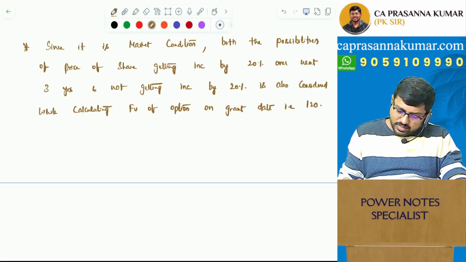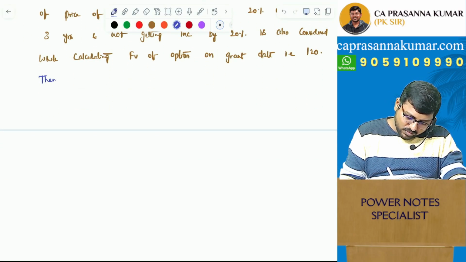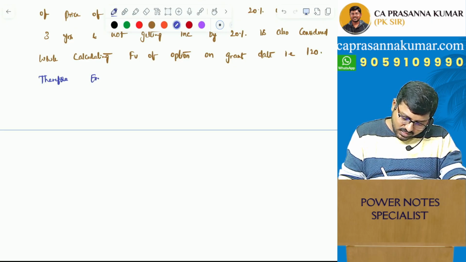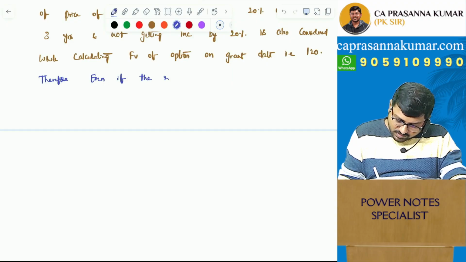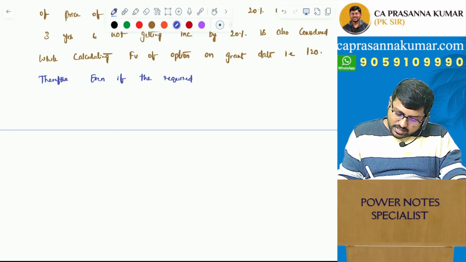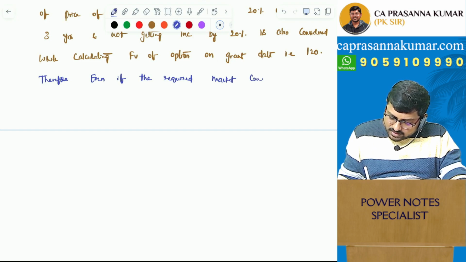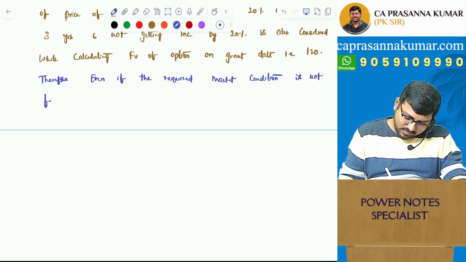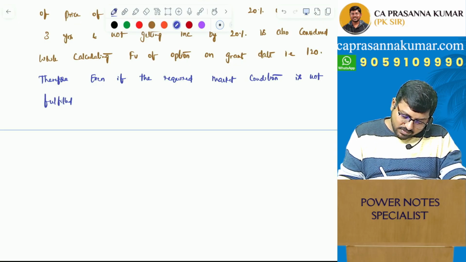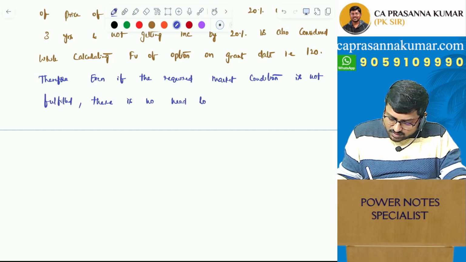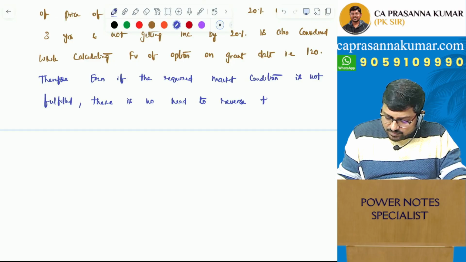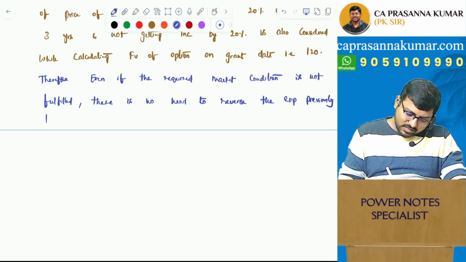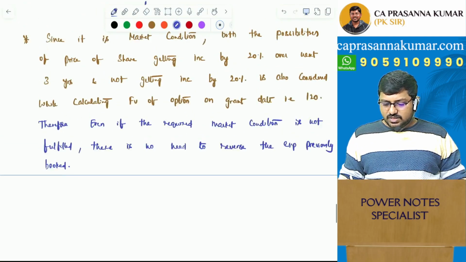What is that in this question? 120. So, therefore, even if the required market condition is not fulfilled, there is no need to reverse the expense previously booked or previously debited in the P&L account.